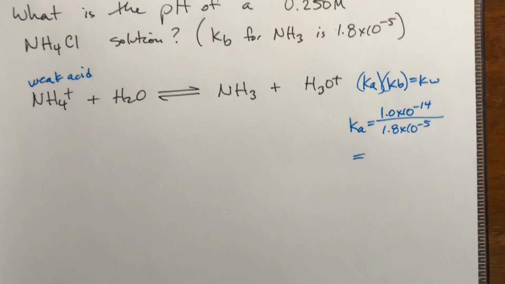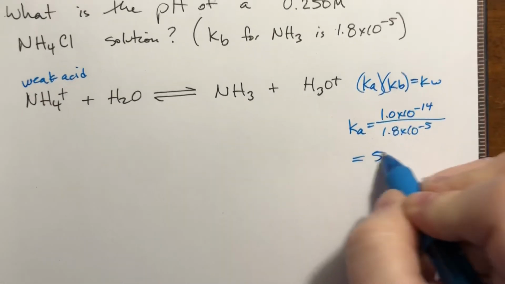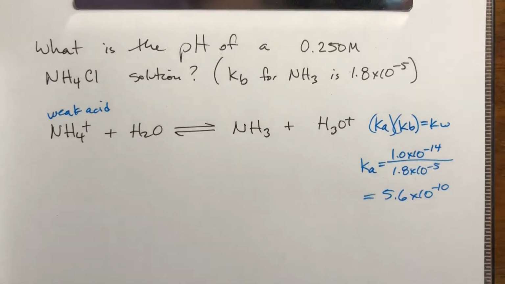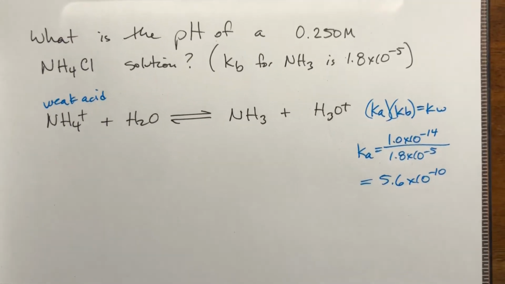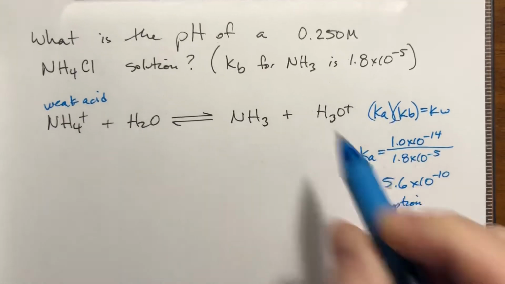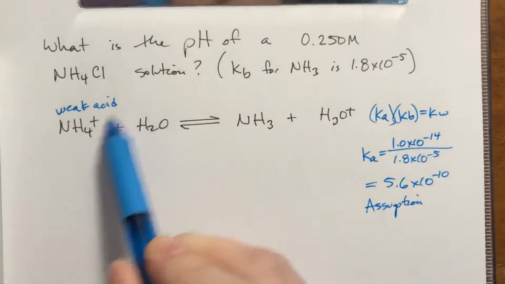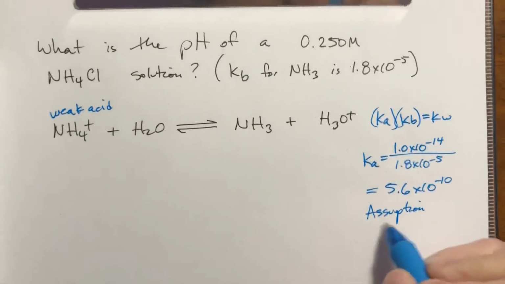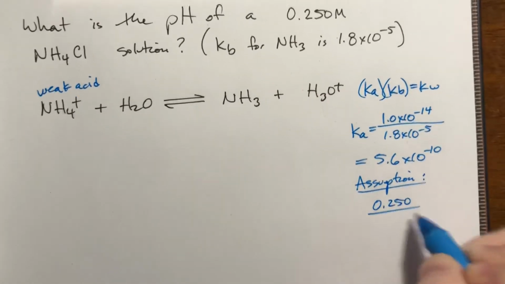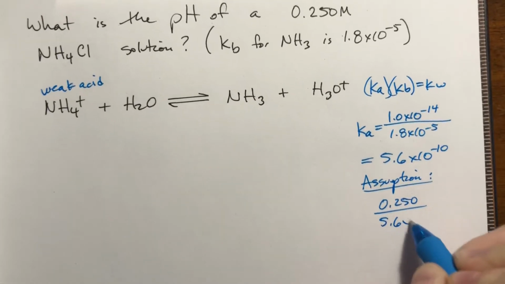When you plug this all in, it comes out to 5.6 times 10 to the negative 10th, a fairly low Ka value. To check our assumption, what we need to do is take the concentration of the NH4+, which is 0.25, and divide it by our Ka value.